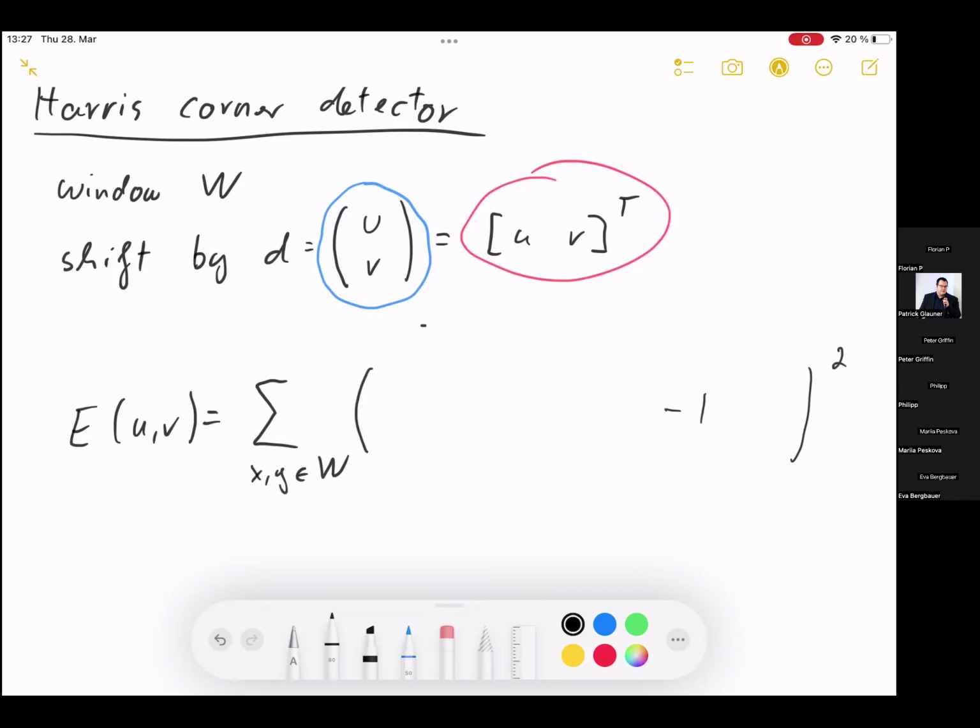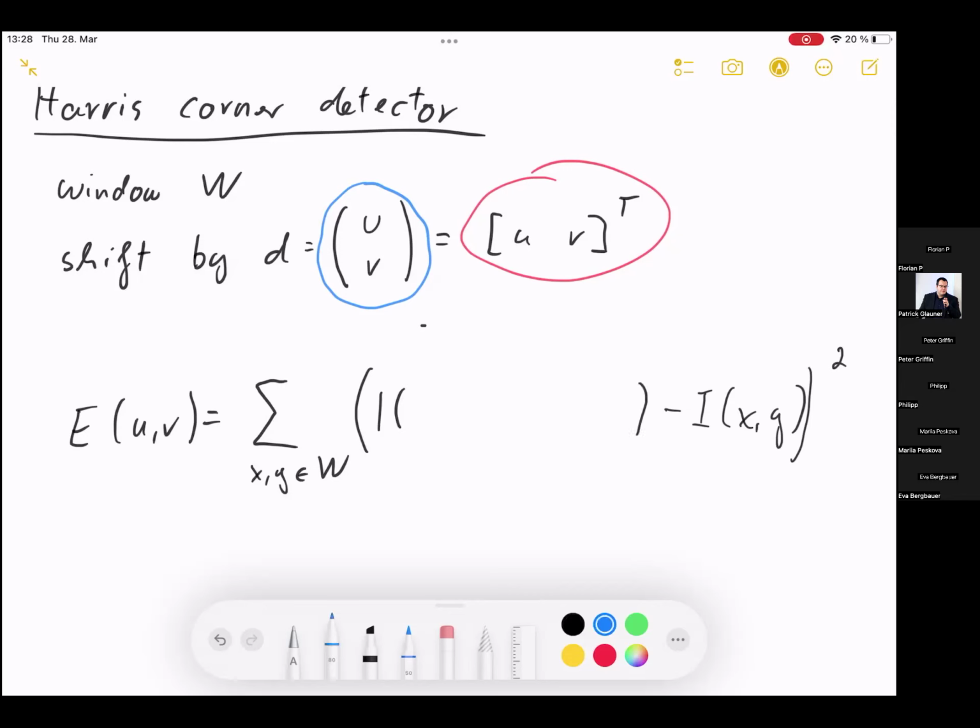And what I need is a function I, which is the intensity of the pixel (x, y). Remember, the intensity is a value between 0 and 255, where 0 is black, 255 is white, and in between we have grayscale.